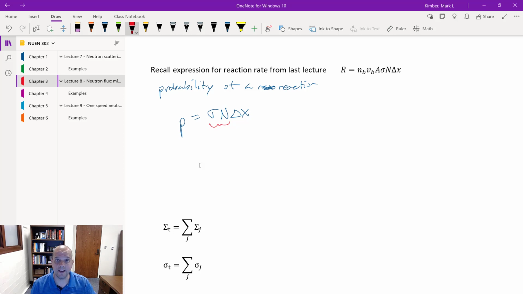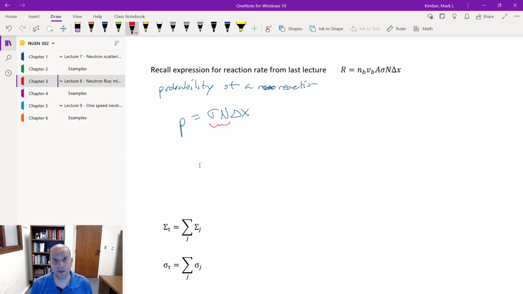And to find N, I need to ask myself, what is the material of the target? Sigma is going to be dependent on the energy of the neutron as well, but N is going to be independent of that. But they both require me to look up information about the isotope, and so they both depend on the nuclear makeup of the target.